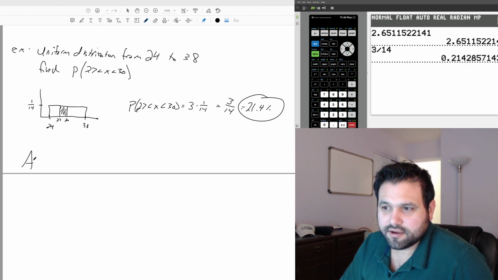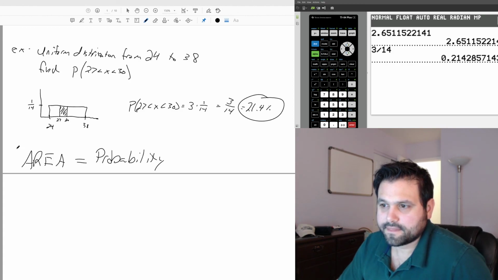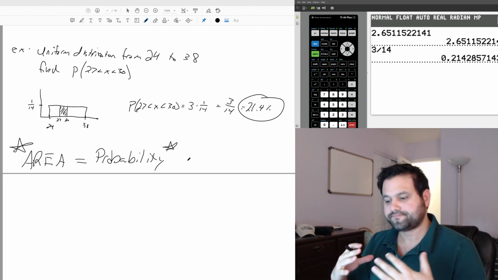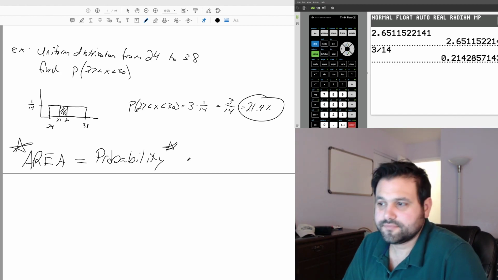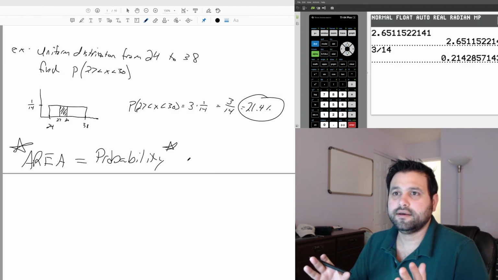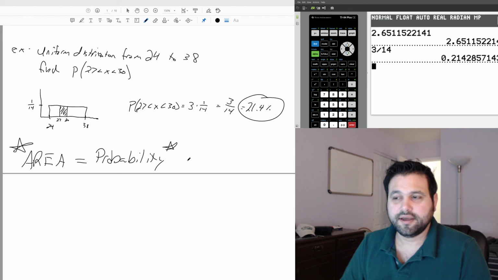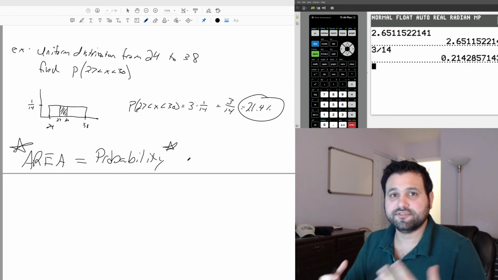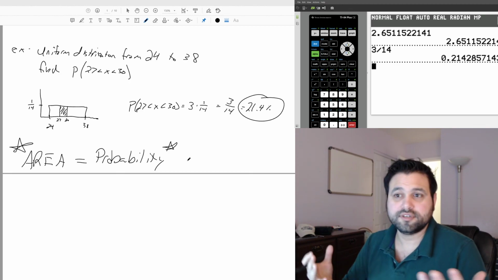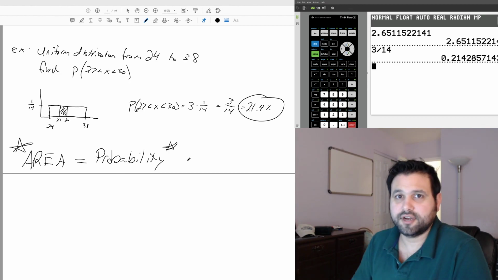The area is equal to the probability. That's going to be really important to remember moving forward. So that's pretty much it for uniform distribution on this first section. And then we're going to extend this to different shapes and talk a little bit more about different continuous distributions. All right, I will see you next time.